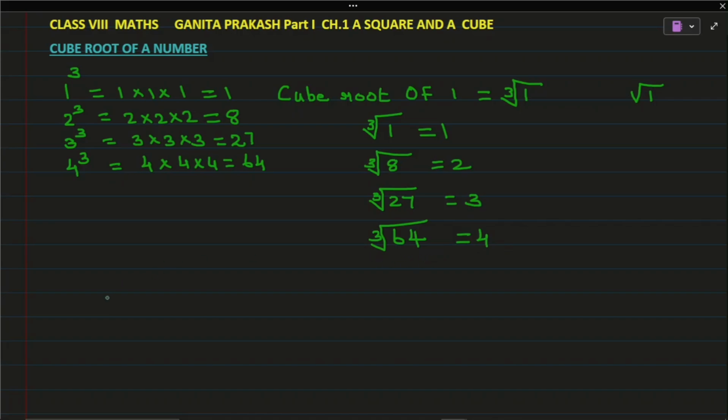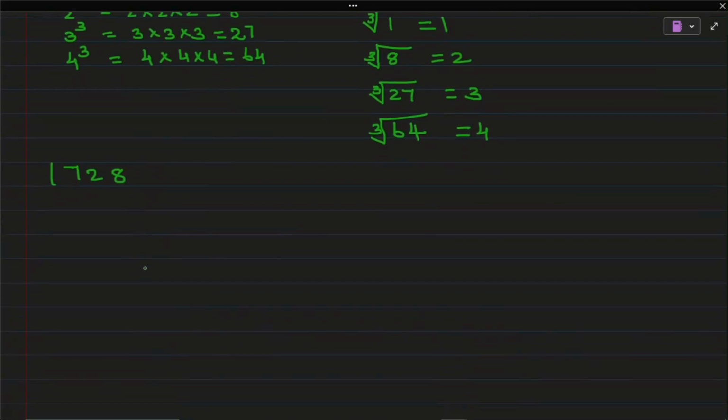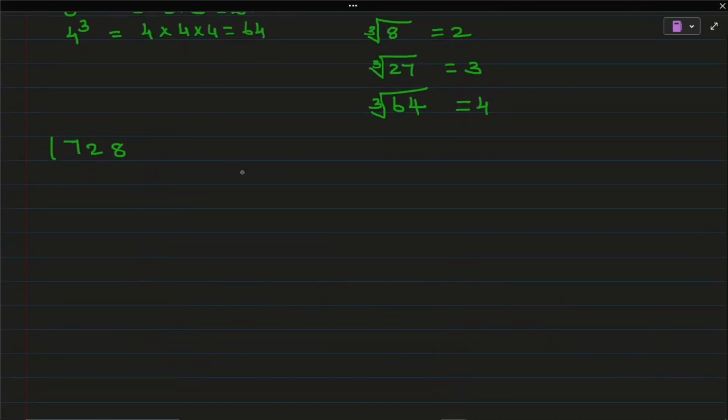Now if the numbers are very large, suppose you are given a big number, we can take one example, that is 1728. In this we first have to do the prime factorization. So first I am going to do the prime factorization of 1728.